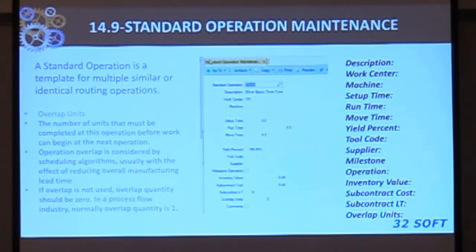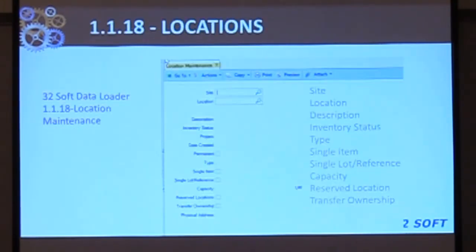And overlap is a tool in the scheduling system that allows you to basically define where a particular operation must be completed before another operation can begin. And that's handled by the scheduling algorithms that are in QAD. Locations.